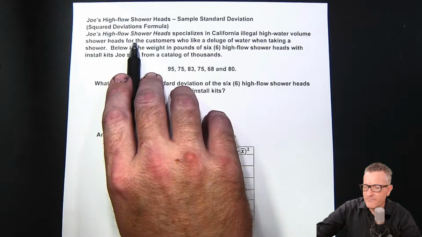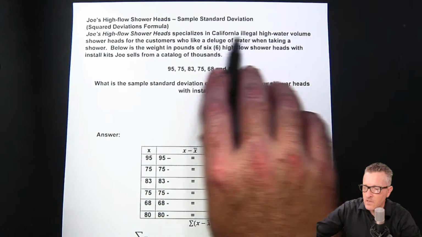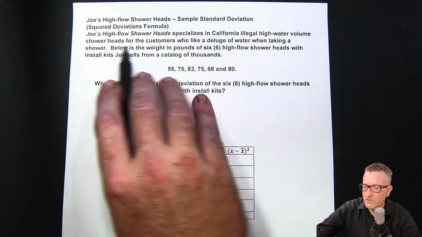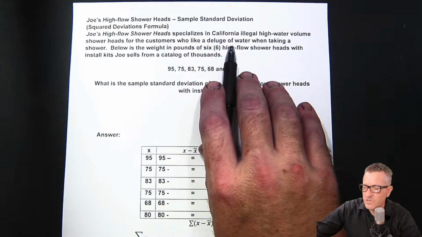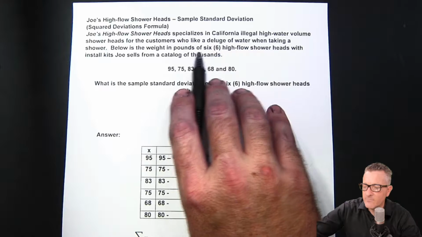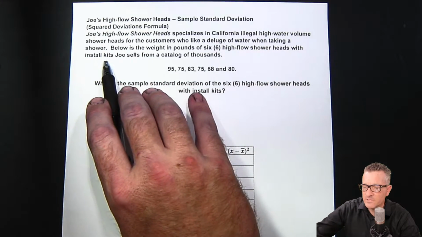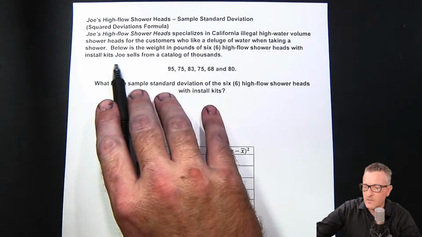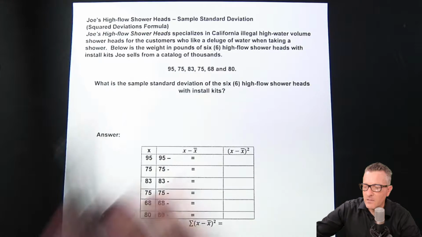Okay, Joe's High Flow Shower Heads specializes in California illegal high water volume shower heads for the customers who like a deluge of water when taking a shower. Below is the weight in pounds of 6 high flow shower heads with install kits included. Install kits Joe sells from a catalog of thousands.